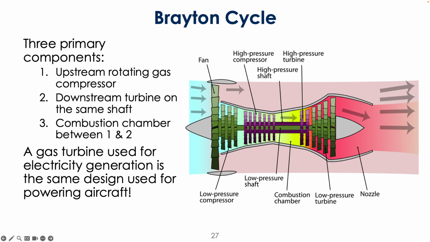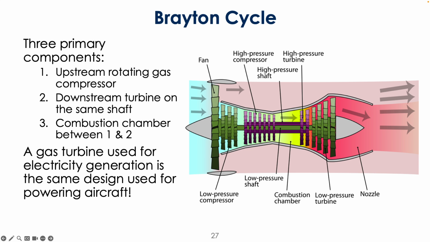Then you have the combustion chamber in the middle, where natural gas is injected, mixing with the pressurized air and combusting, which essentially spins the turbine, and you eject extremely hot gases out of this nozzle at the end.